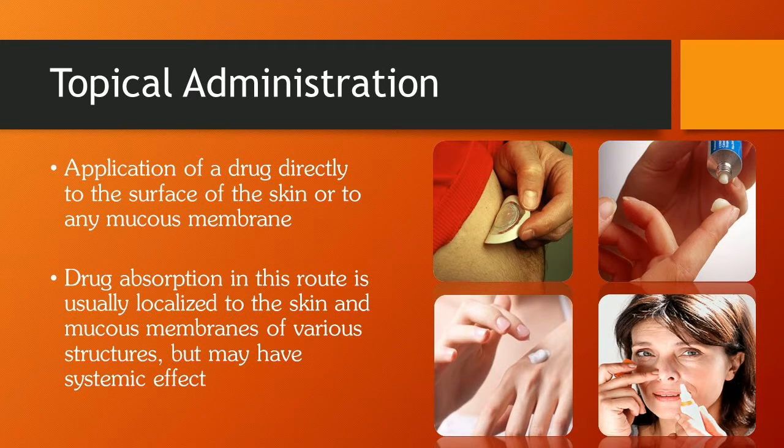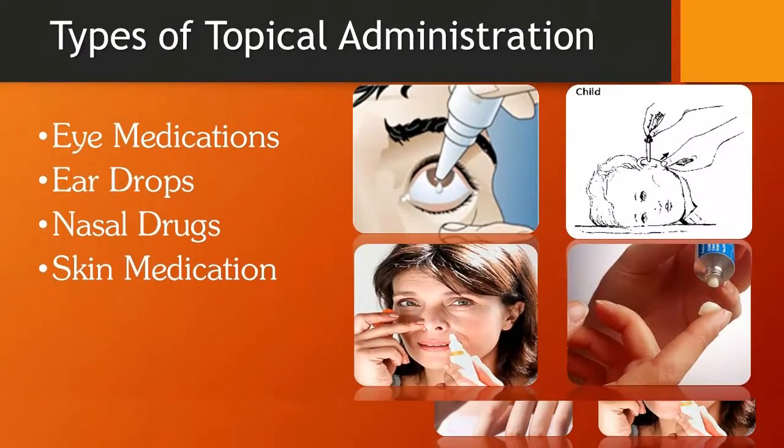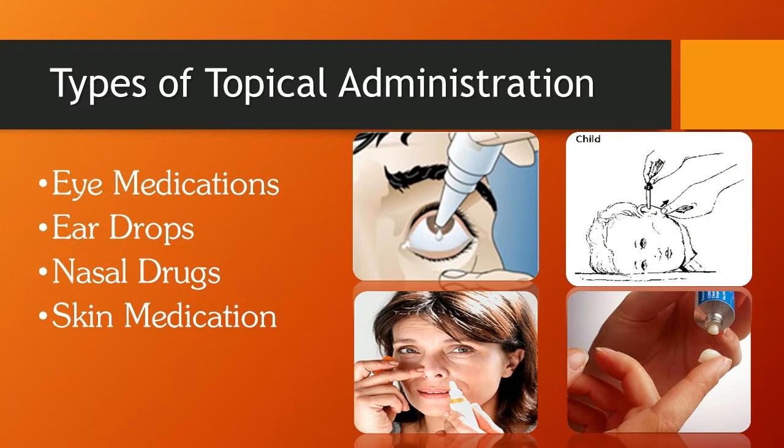The third route of administration is topical administration. This is the application of a drug directly to the surface of the skin or to any mucous membrane. Drug absorption in this route is usually localized to the skin and mucous membranes of various structures, but may have systemic effects. The types of topical administration are eye medications, ear drops, nasal drugs, and skin medications.